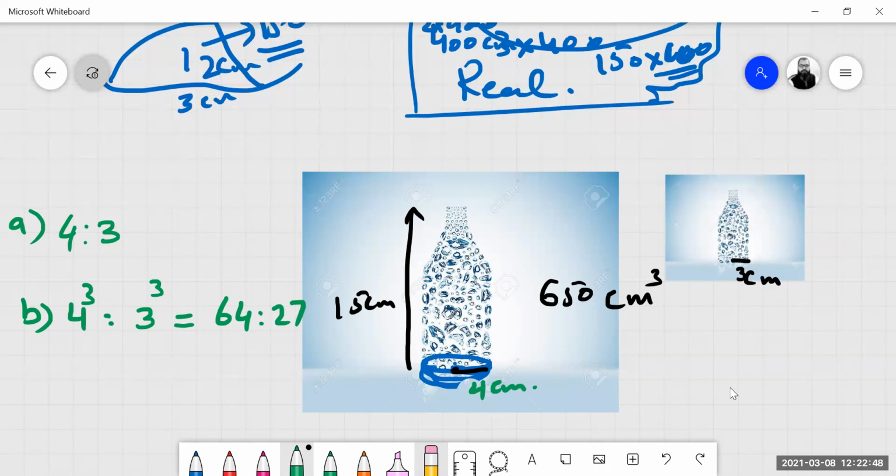Now see, what is the volume of the smaller bottle? The volume of the bigger bottle is given. We need the volume of the smaller bottle.